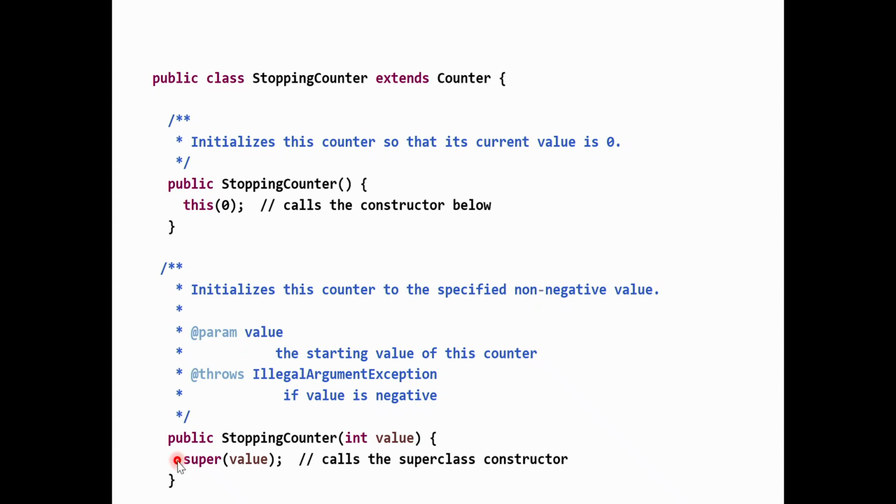So we go down to here. This constructor calls the superclass constructor, which is good. So the first line of this constructor is a call to another constructor. When this constructor calls this constructor, the superclass constructor gets called. So this is fine too, because the first line of my constructor is a constructor call, and the superclass constructor eventually gets called.